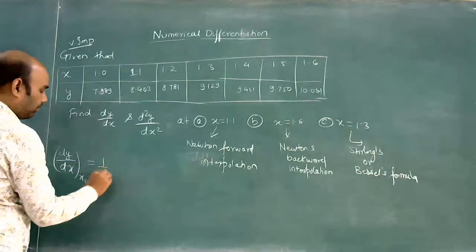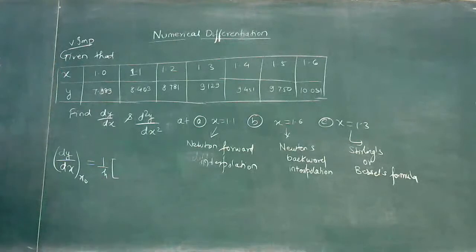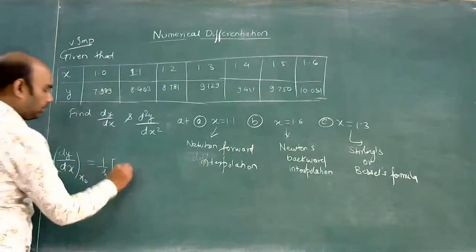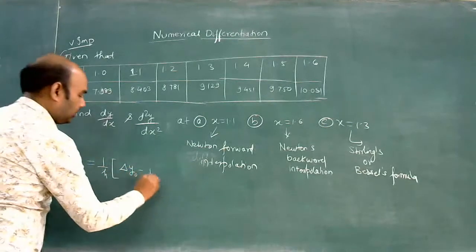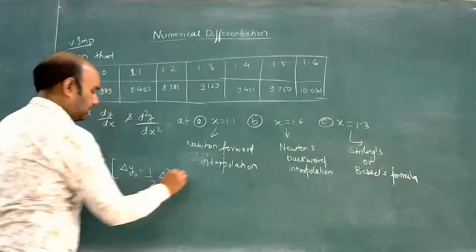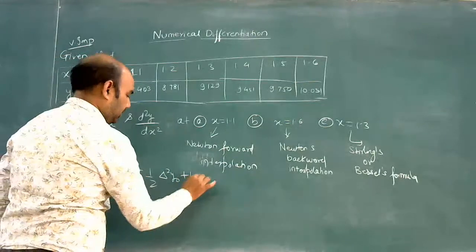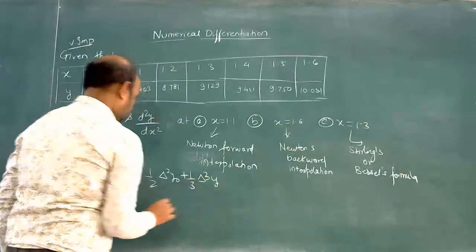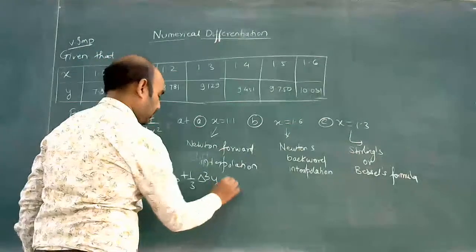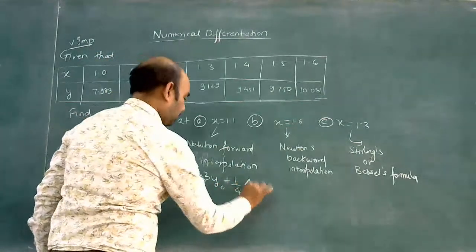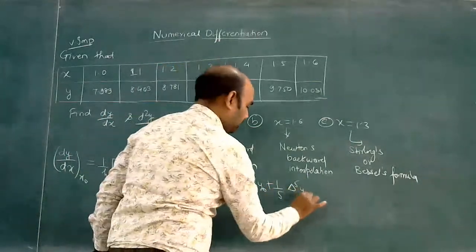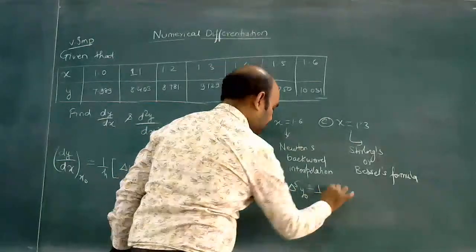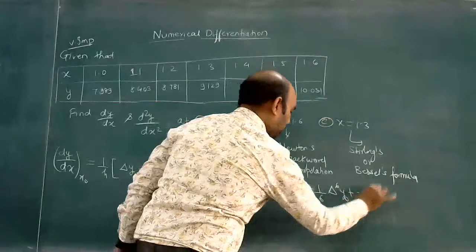This will be 1 upon h times del y naught minus half del square y naught plus 1 by 3 del cube y naught minus 1 by 4 del to the power 4 y naught plus 1 by 5 del to the power 5 y naught minus 1 upon 6 del to the power 6 y naught and so on.